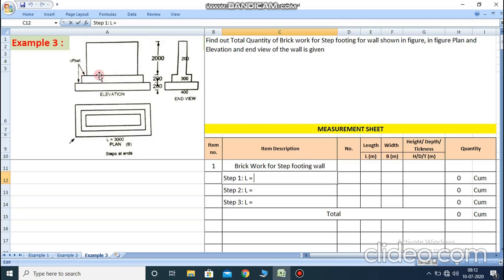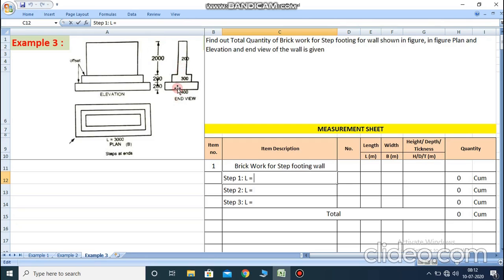So these offset lengths are calculated from the end view. Here the wall thickness is 200 mm, and the width or thickness of step 1 is given as 400 mm. So the difference between step 1 and the wall is 200 mm.